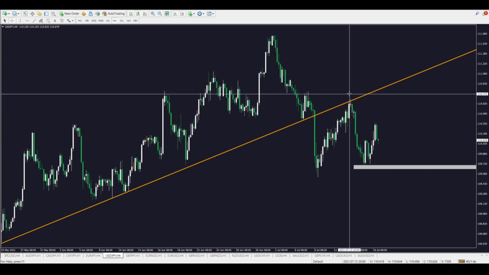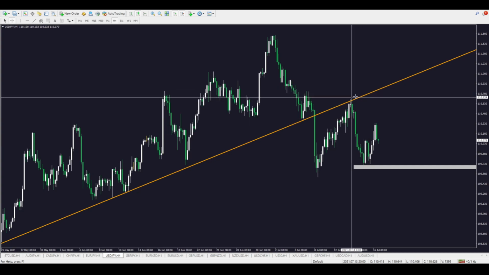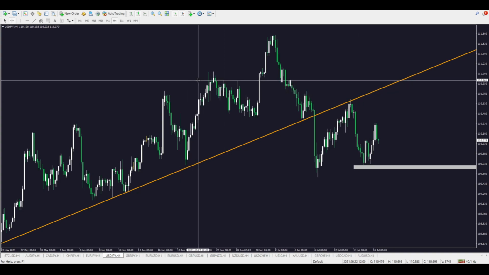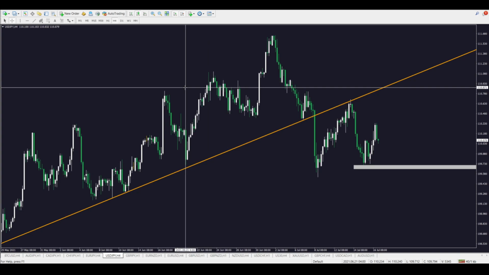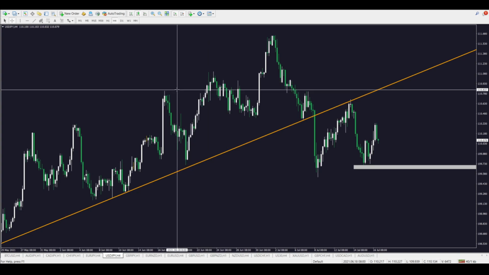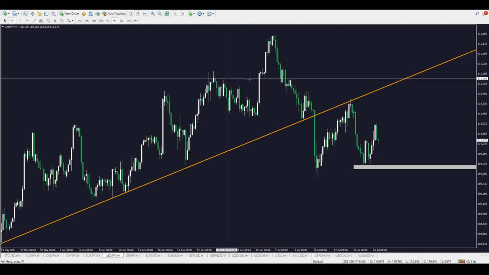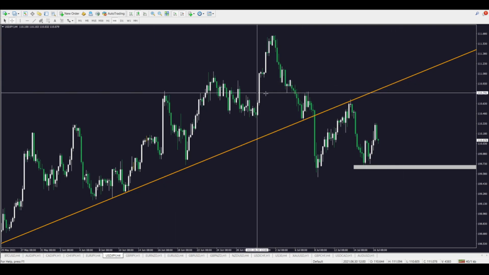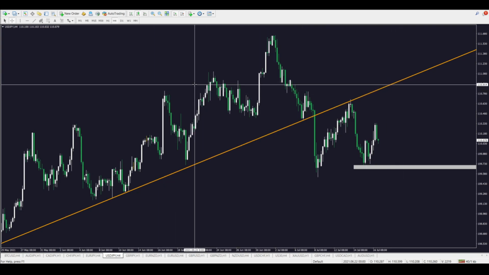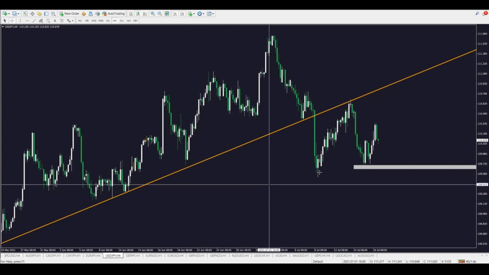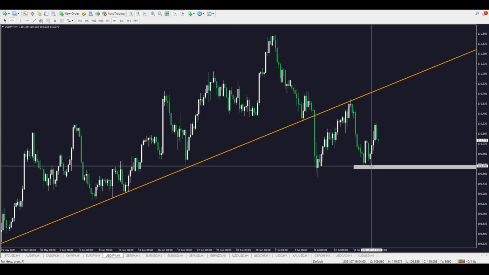I'm not too interested in the break above this point because based on this I'm not a fan of this resistance that I'm seeing. So this here seems to have a lot of resistance. So for me, I can sit this one out. I'm only interested in the sell.